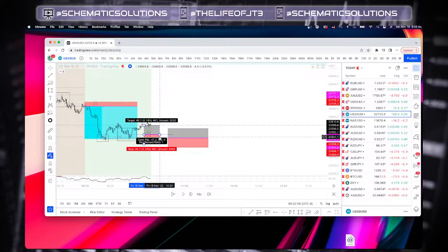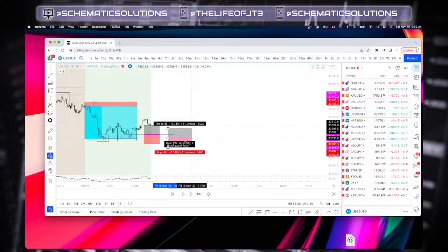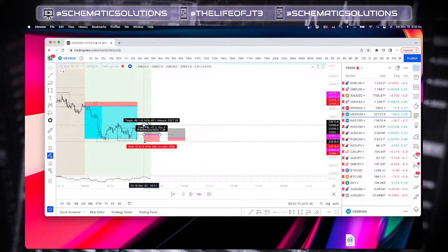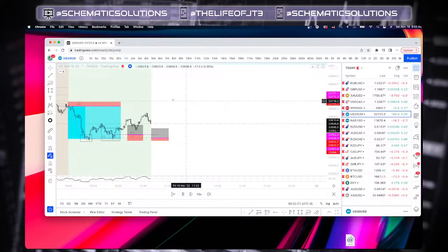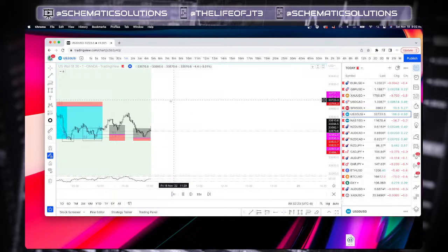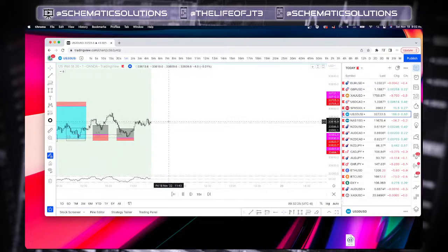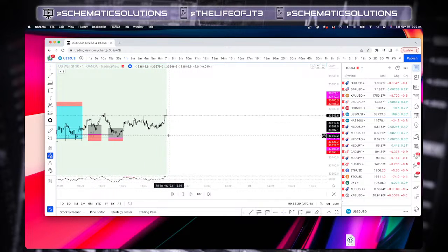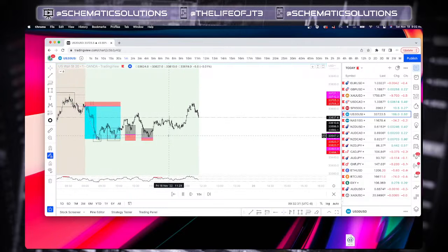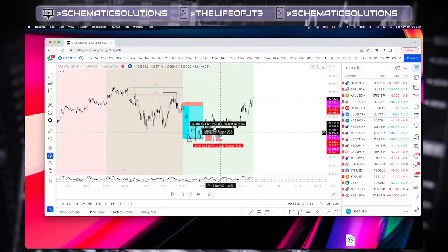Do we get filled on both? Price taps into the 50, just misses the 80, and she takes off. She pushes and makes a new high.